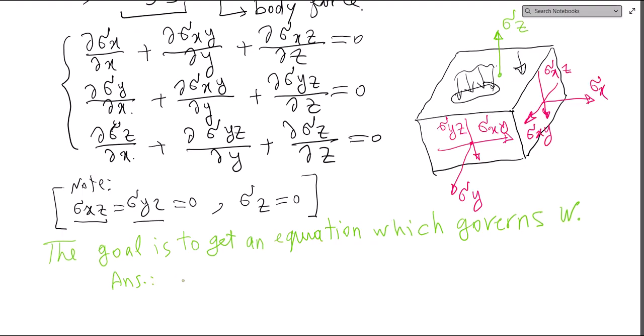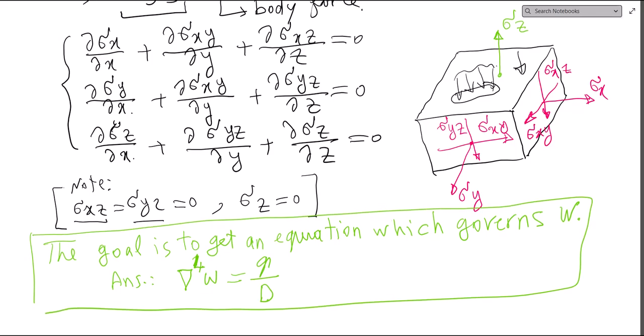And the answer, I'm just giving you the answer, is the biharmonic function of W is equal to Q over D. So have this on the side. I'm not claiming that this is given, but this is the goal. This is what we will get to.